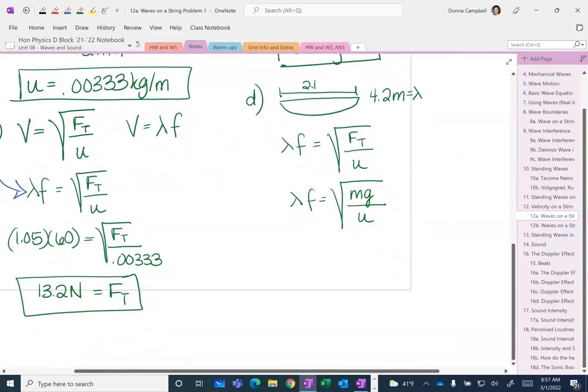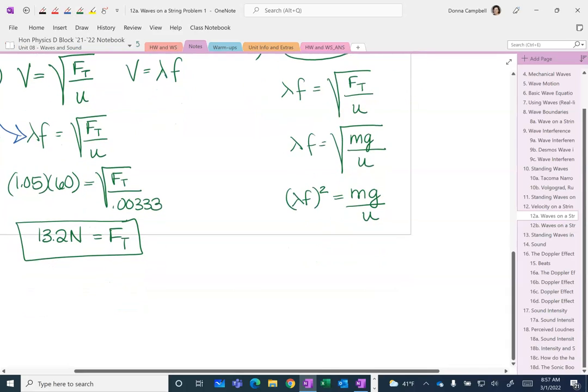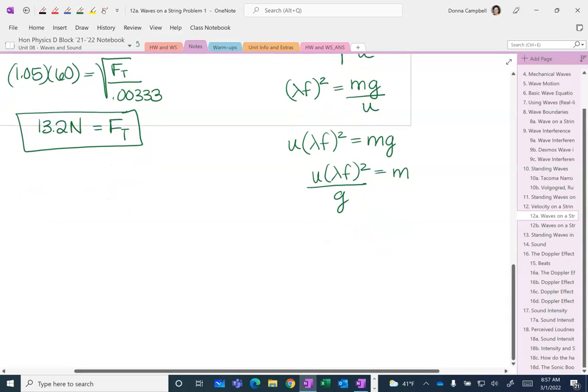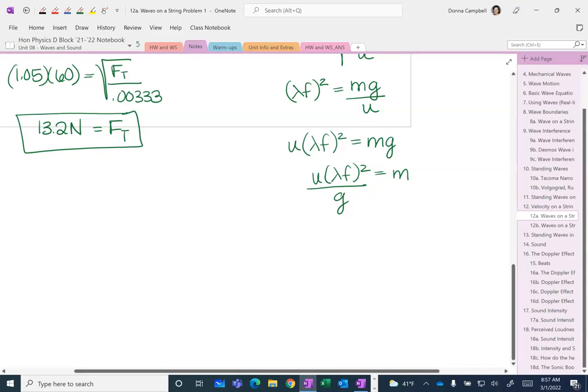And so if we square both sides, let's cross multiply. And then let's divide by gravity. Okay, so now we've arranged it so that we're solving for the mass.